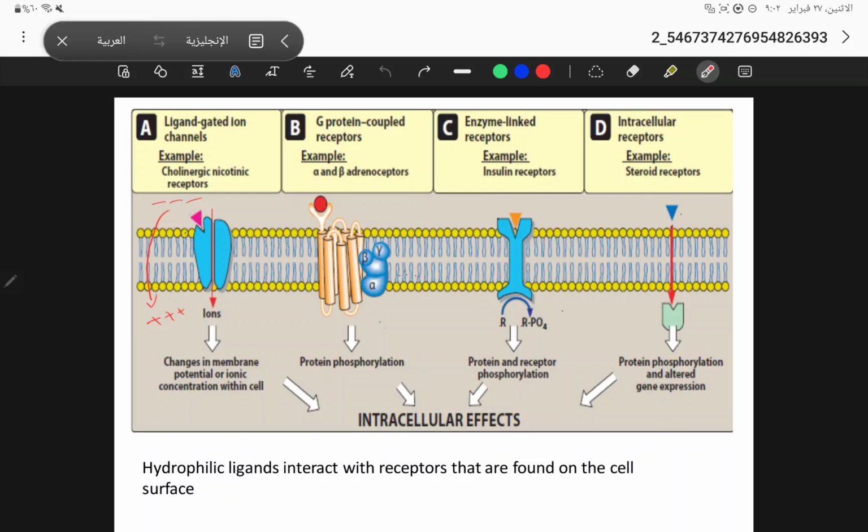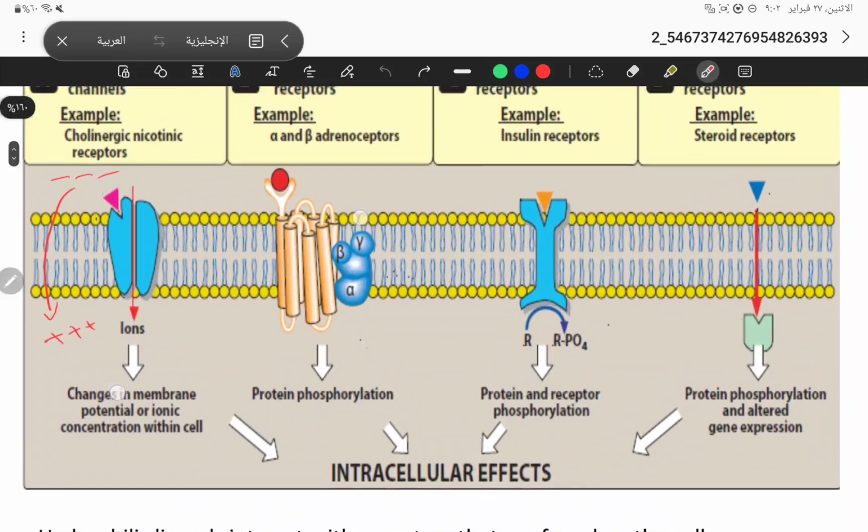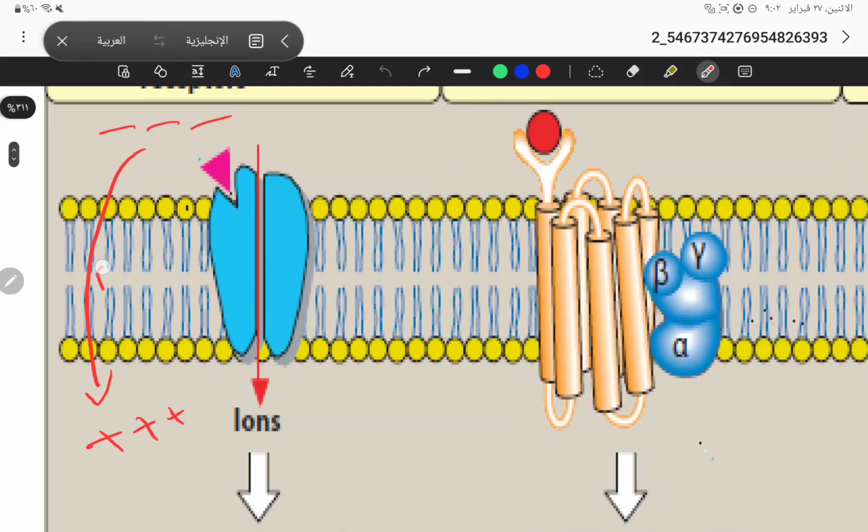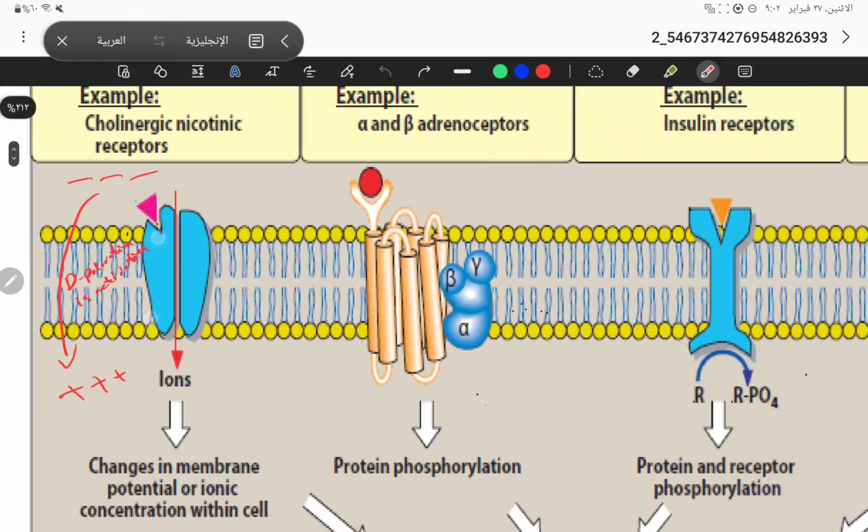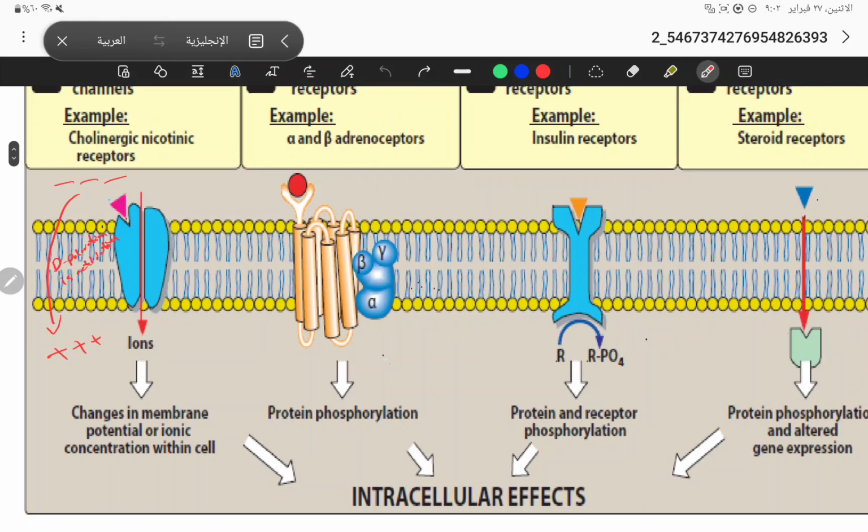When depolarization occurs, the cell changes from stable to active. So keep in mind, make a note: depolarization is activation. This will cause a change in membrane potential or ionic concentration within the cell. When the membrane potential changes, I get activation of many enzymes, many molecules, and other channels, such as potassium and calcium channels, and an intracellular effect appears.